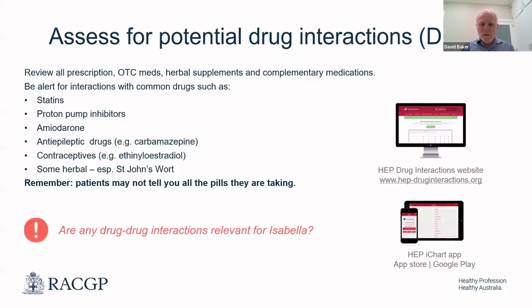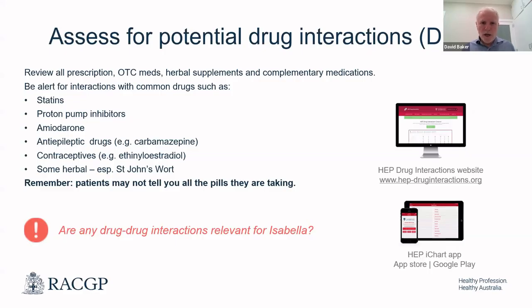Another very important thing to do is to check for drug-drug interactions. There's an extremely good website, Liverpool, which has a great interaction checker, also for antiviral COVID drugs, HIV drugs, and hepatitis C drugs.